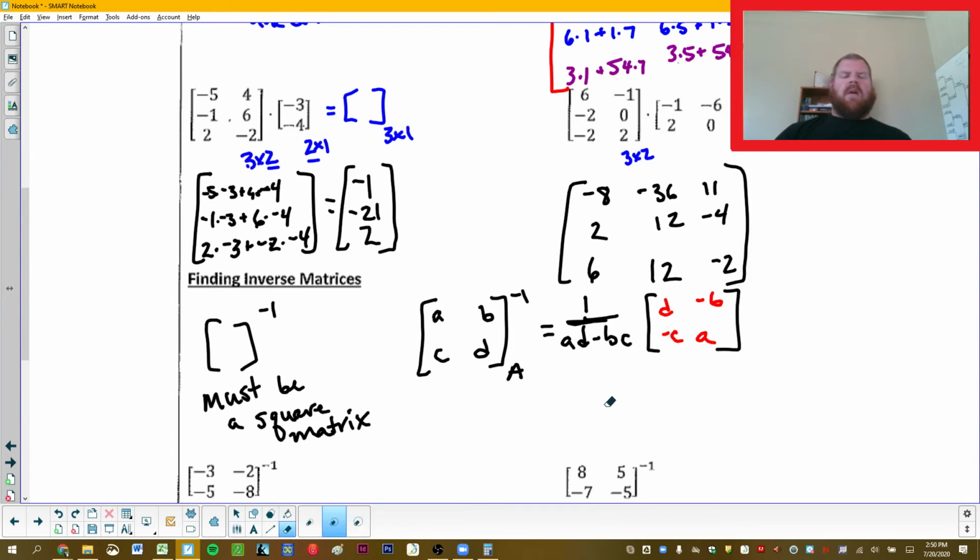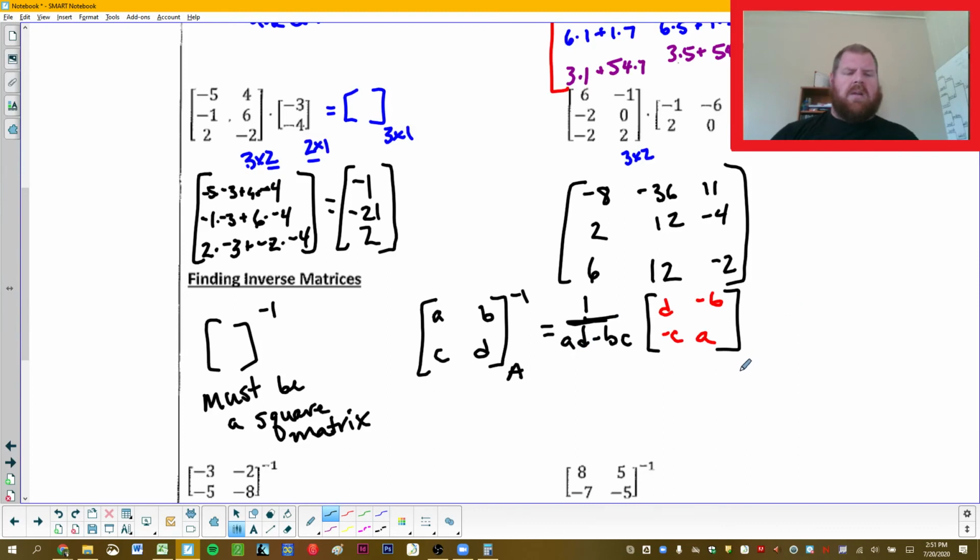Okay. And again, why that's the inverse is because when you do all that and you multiply it by that A, B, C, D using scalar multiplication, we get this fancy thing. So I'm actually going to write out what it is. I'm going to do the scalar multiplication.